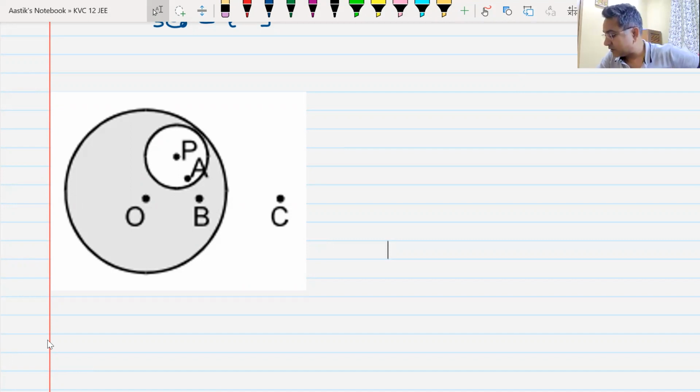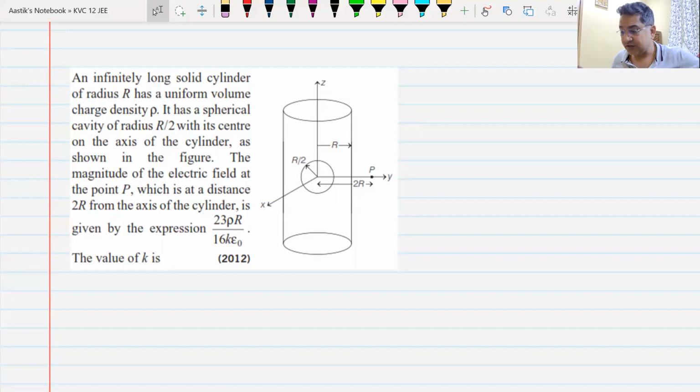What is the motivation for us? See, this question came in one of the JEEs, 2012, one of the more difficult JEEs. You see this question? And this is simpler compared to what we are doing, probably, because we are doing it in the most general form. This is a cylinder with a hole.